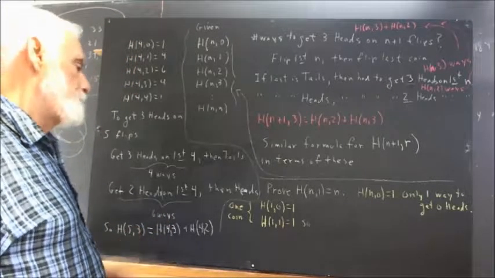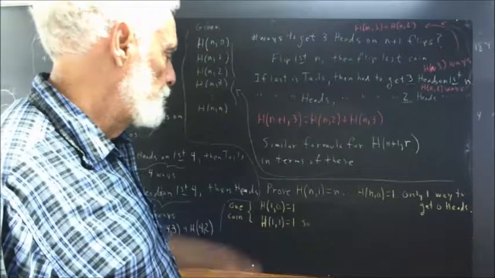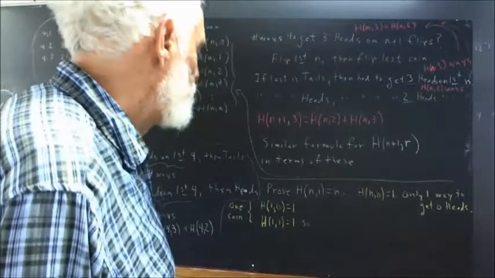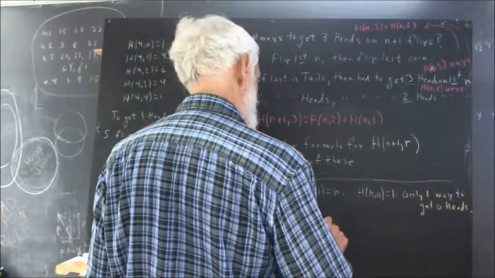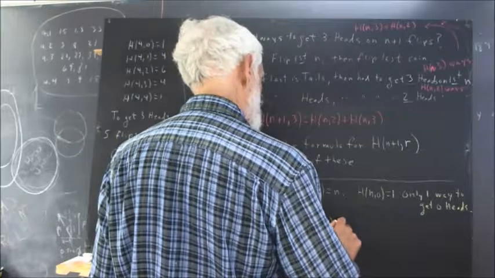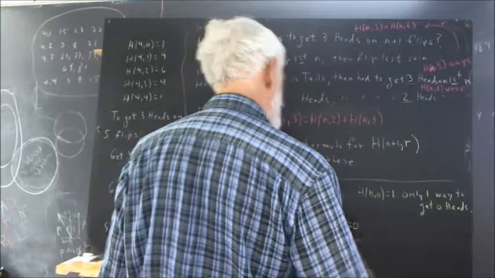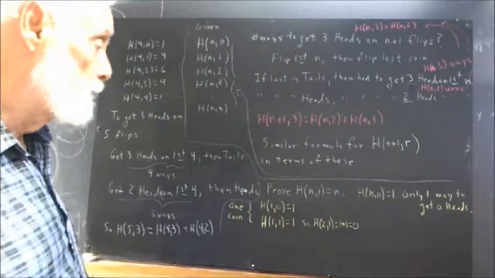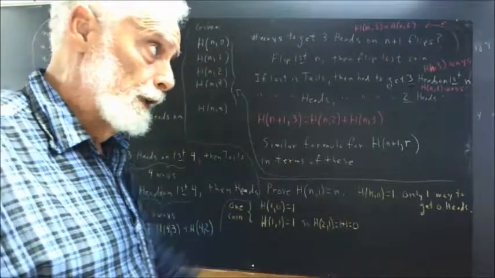Okay, well, h of 1,0 equals 1. H of 1,1 equals 1. So, well, that tells us that h of 2,1 is 1 plus 1 equals 2, by the same reasoning we used up here. We're either going to get a head or a tail on our second flip.